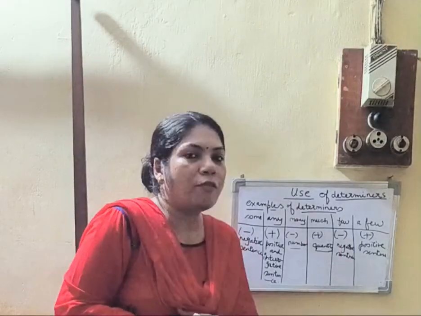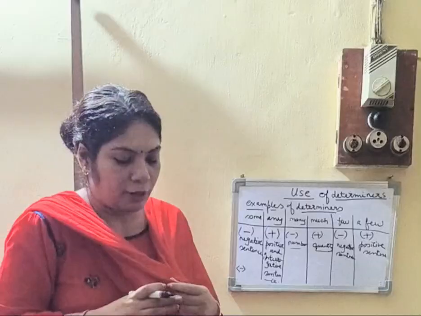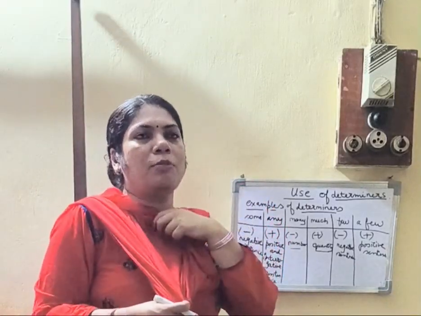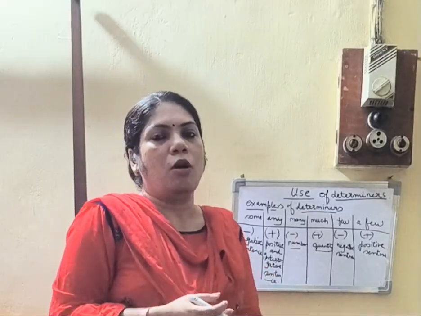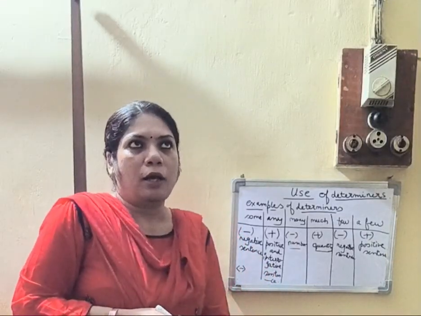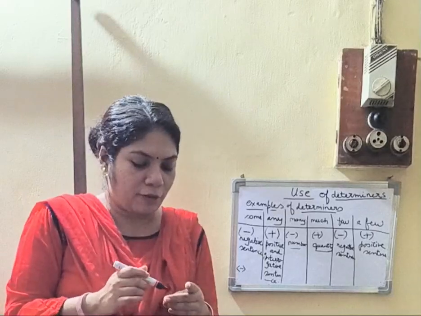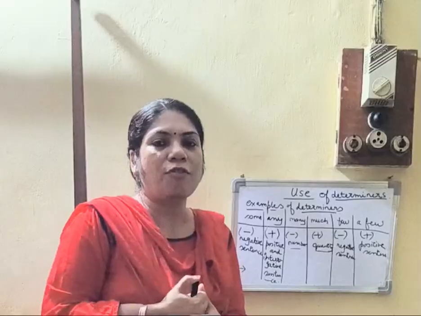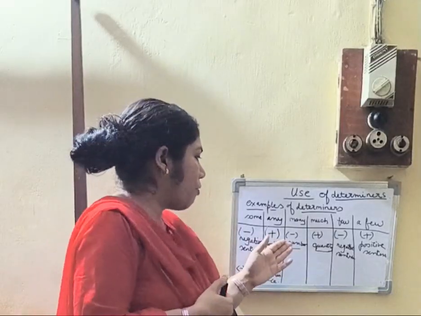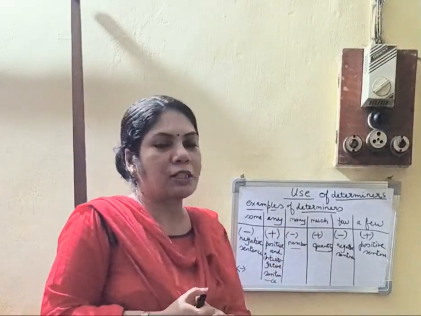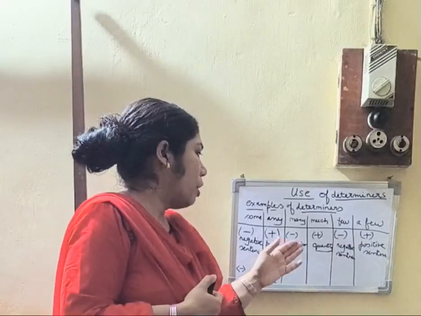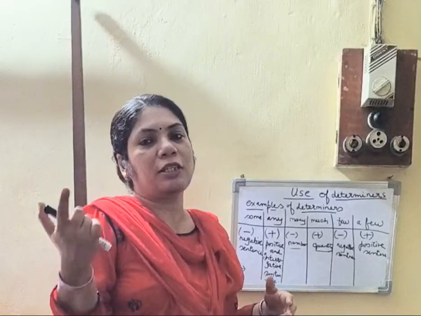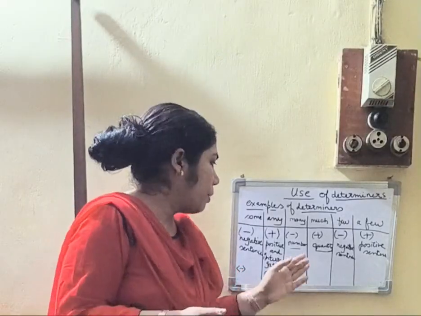I have already given you some knowledge about adjectives and adverbs. In the adverb chapter, adverb of quantity and adverb of number, we have already discussed how you will know whether a sentence is related to quantity or to number.